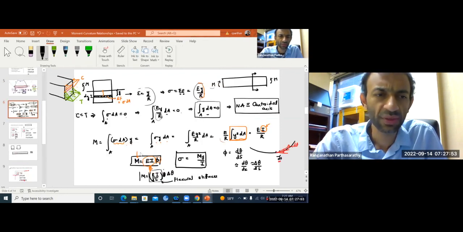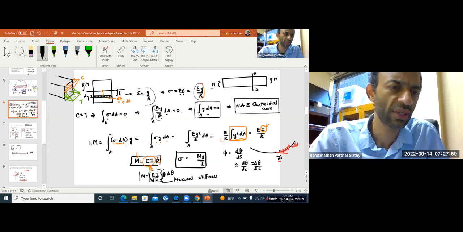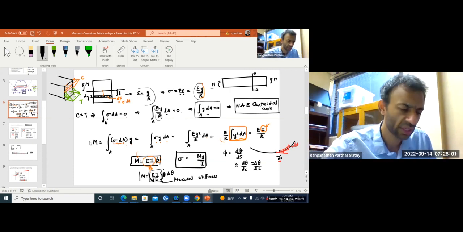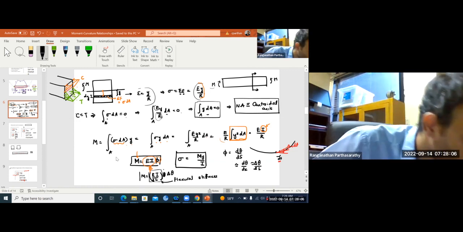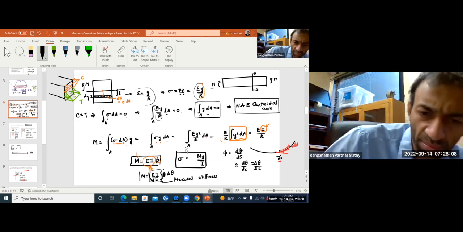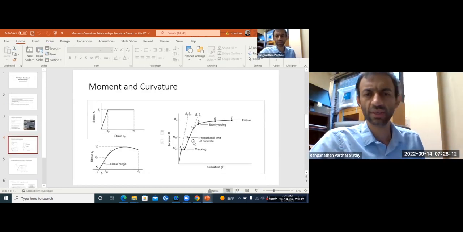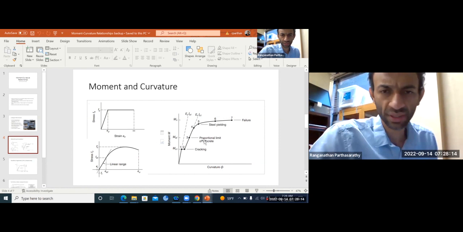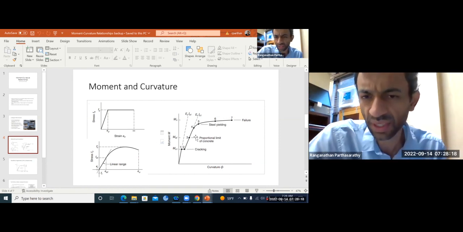Okay, so now we all recall the moment curvature relationships. Now let's see how a moment curvature curve looks for an under-reinforced concrete beam. You look at this picture, you have several points here, 1, 2, 3, 4, and so on.